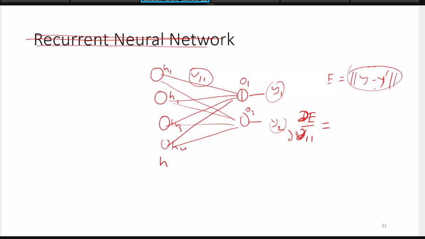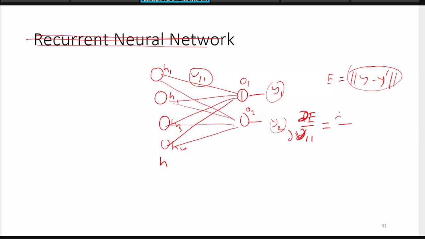I cannot directly take the partial derivative of E because E is independent of V. So I have to apply the chain rule to make the dependence appropriate.